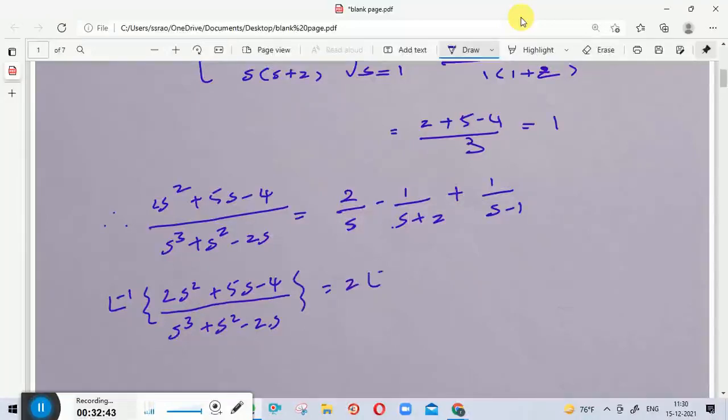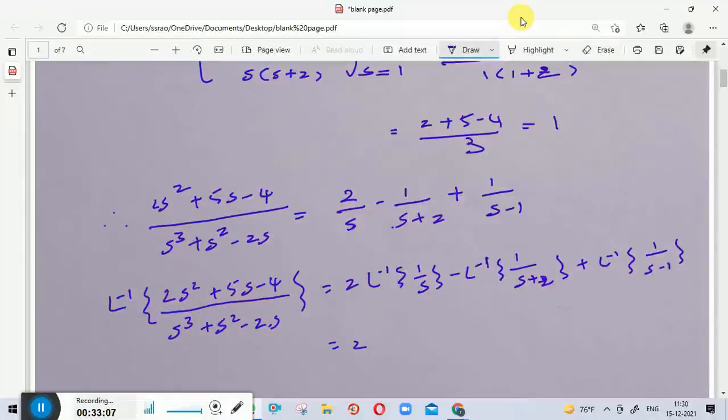So 2 into L inverse of 1 by s, minus L inverse of 1 by s plus 2, plus L inverse of 1 by s minus 1.